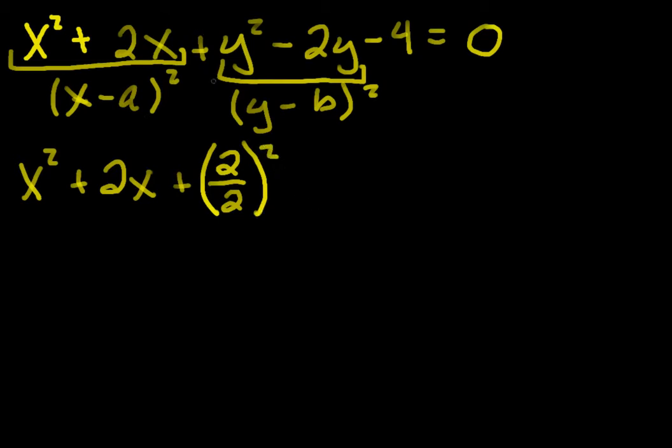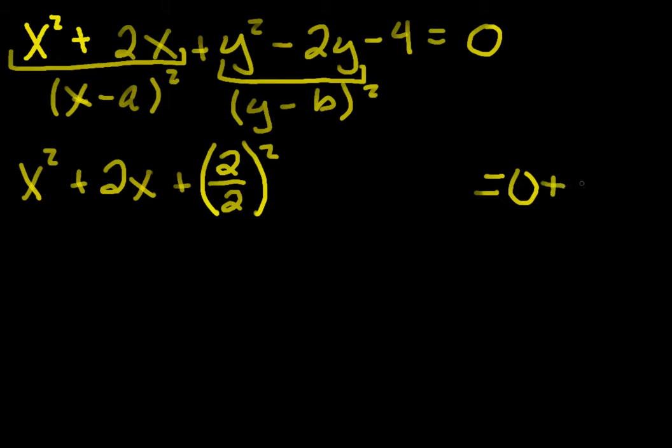Over here, I've got a 0. And now, to keep the equation balanced, this expression here is really just 1. So if I'm going to add 1 over here, to keep the equation balanced, I'm going to have to add 1 over here.